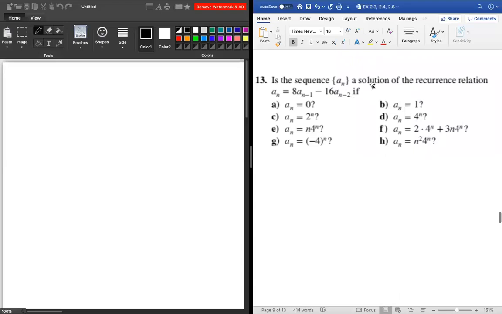So in this sequence, a solution of the recurrence relation a_n = 8a_{n-1} - 16a_{n-2}. We have to find the values for these two different ones.